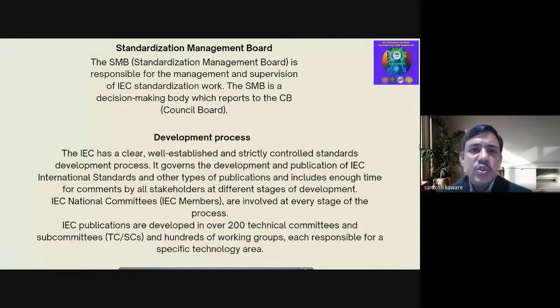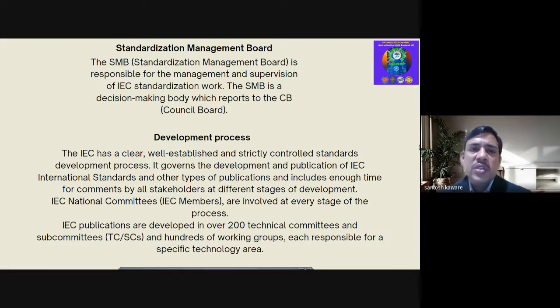Then there is the standardization management board. How does standardization come into the picture? Many committees work on this, with experts from industries as well as institutions working on the finalization of standards, because deciding on a standardization is the most important thing for any industry.